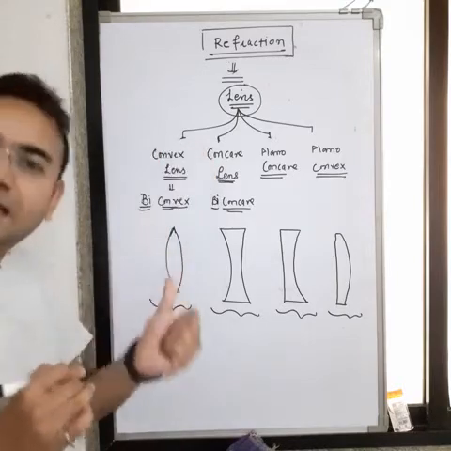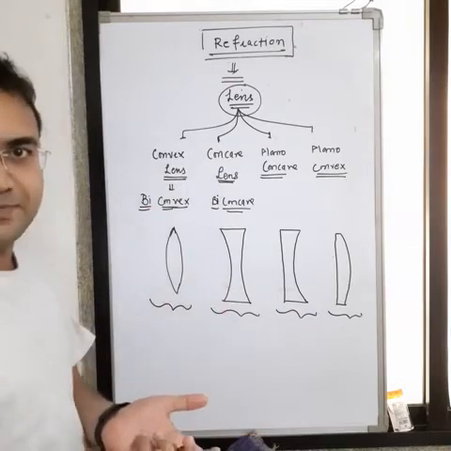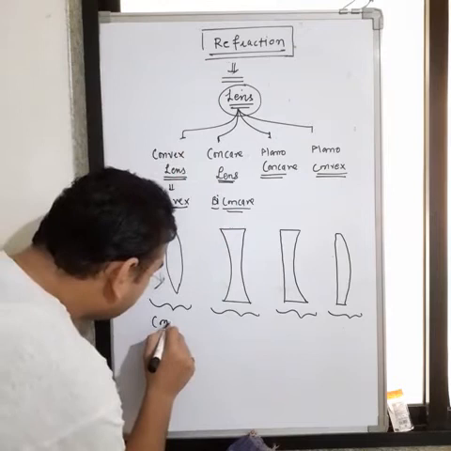A convex mirror is known as the diverging mirror, while the convex lens is known as the converging lens.